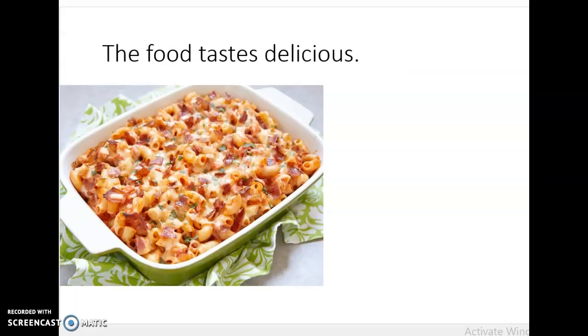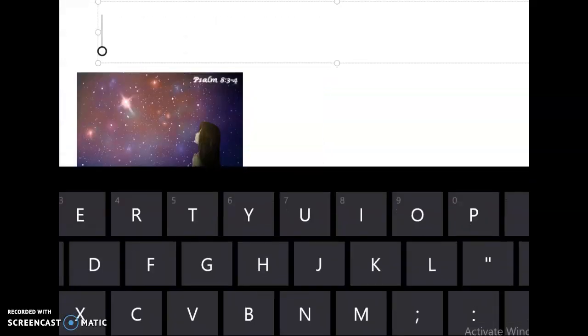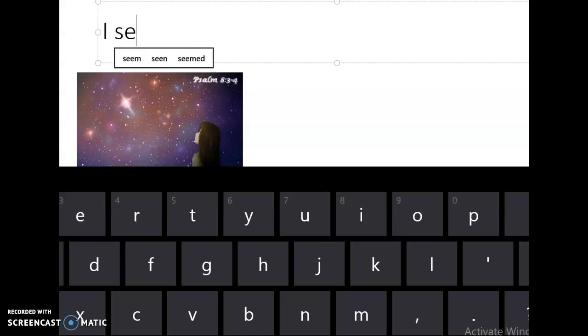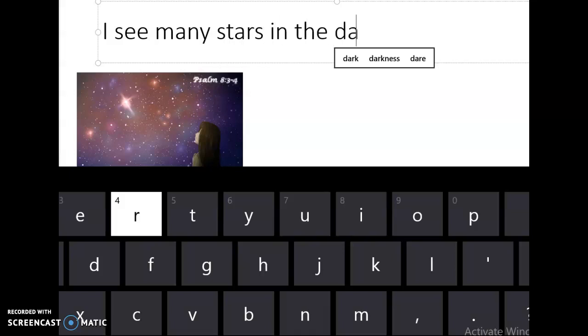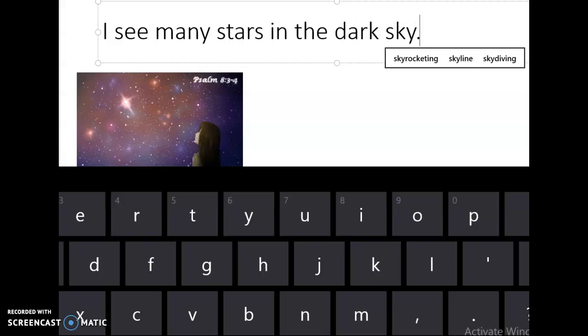Another thing, if I have here see. For example, I see stars. It's a sense. Everything related to the senses, I cannot add ing to it. So I see many stars in the blue sky or in the dark sky, whatever. So I don't add ing.